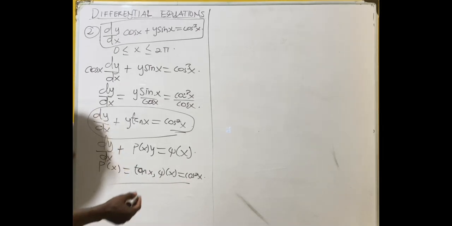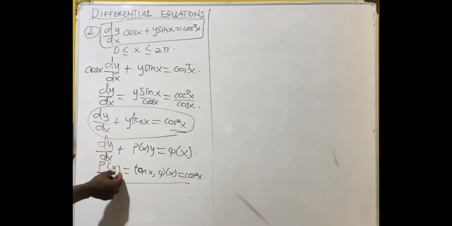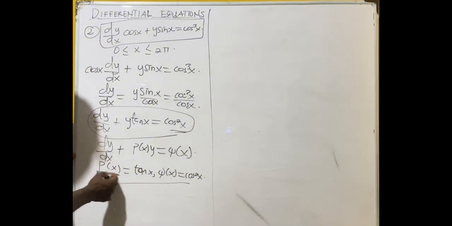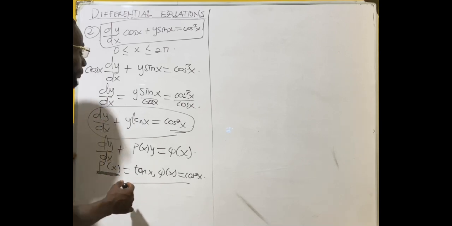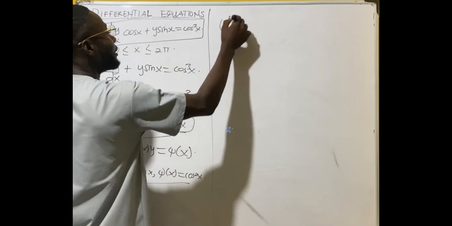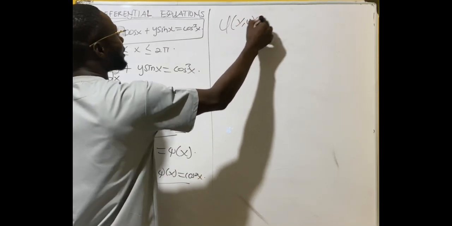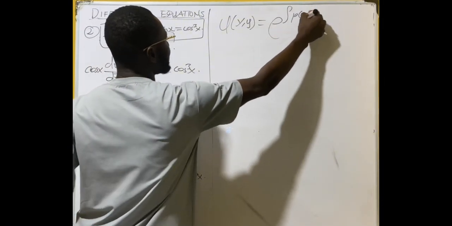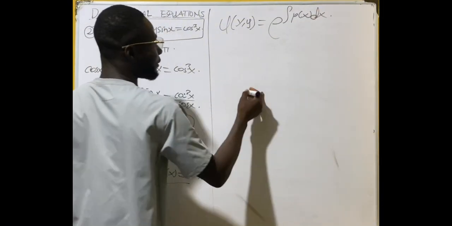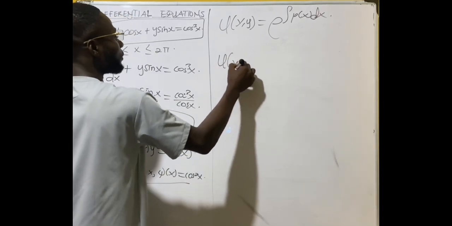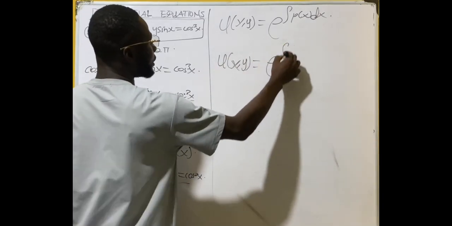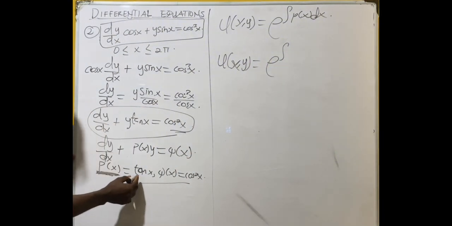So we have all this information. The rest is computation, and we know how we can get our mu of x, because we are going to use the integrating factor, right? So we know that mu of x is equal to an exponential of the integral of p of x dx, right?